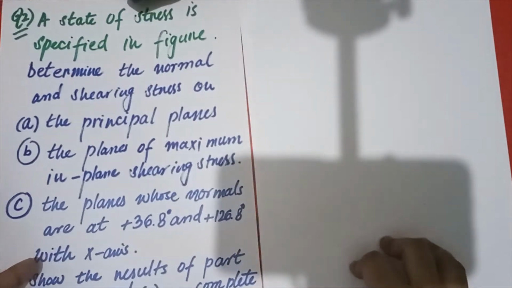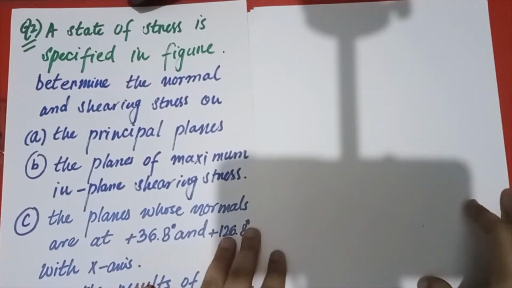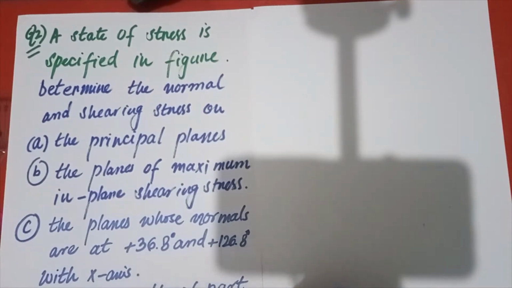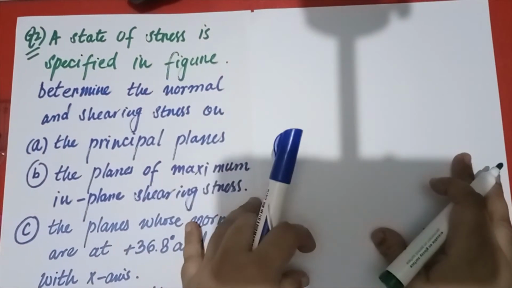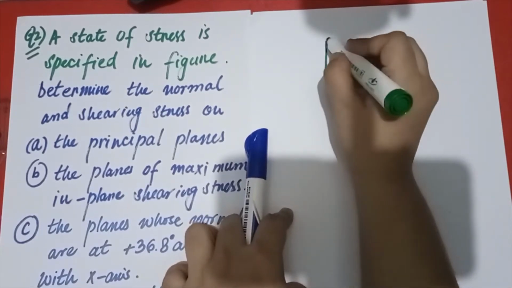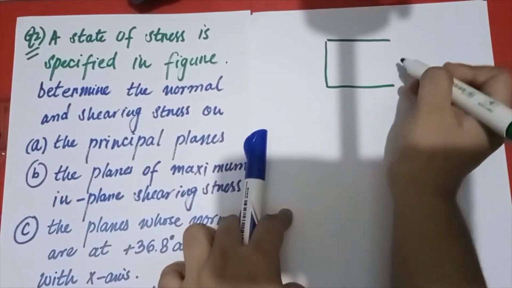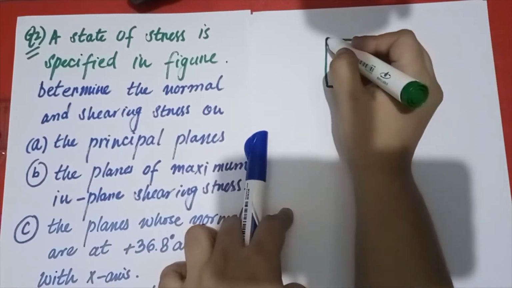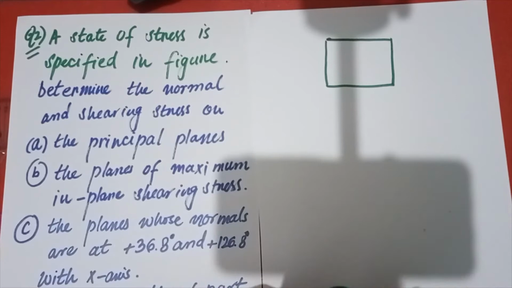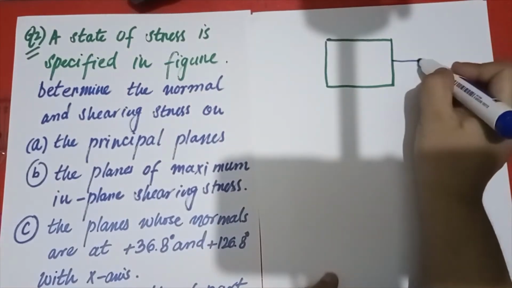So let me draw this. This figure is given in the diagram. In the last numerical we did not have the differential element given, so we had to draw it ourselves. But here a diagram is given to us, and let me tell you what it shows.